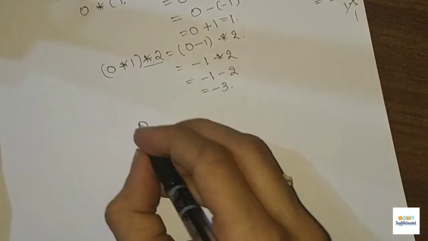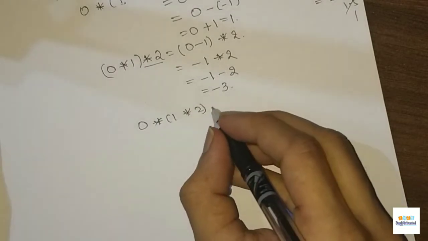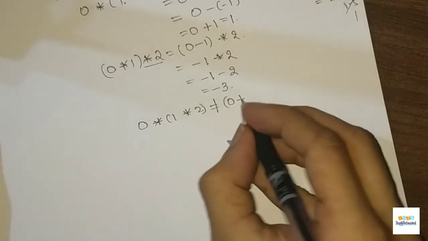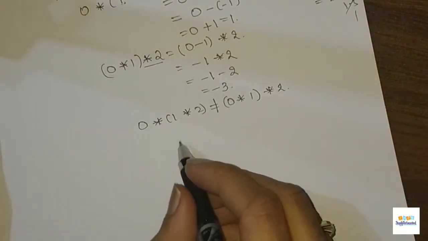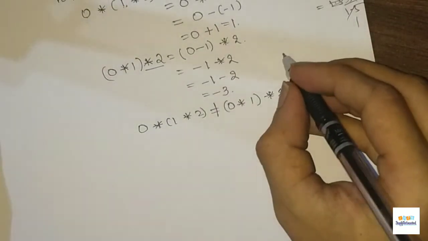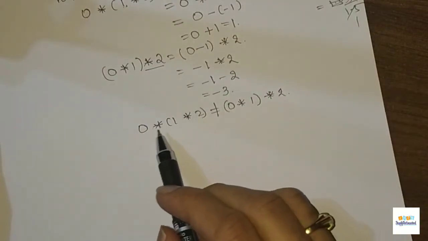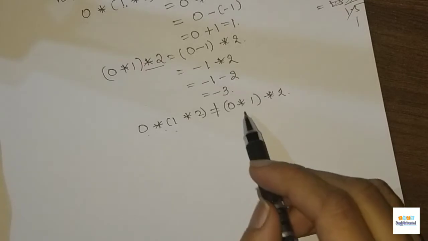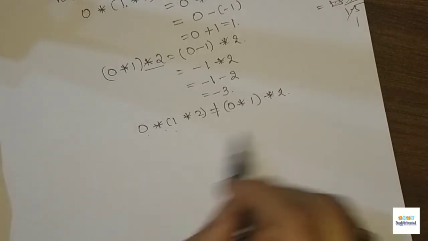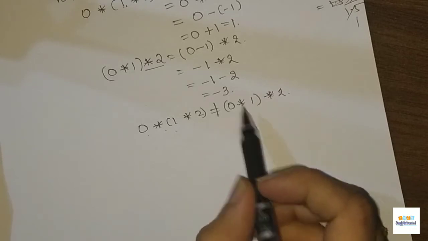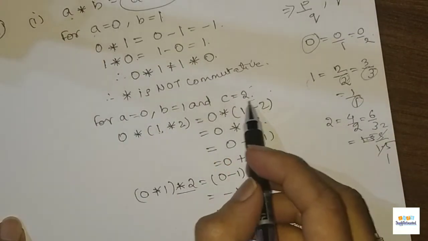Now what we got is 0 star (1 star 2) is not equal to (0 star 1) star 2, okay. Since associativity means that for every a, b, c you should get a star (b star c) equal to (a star b) star c, right? So that is what you have to get in associativity, but this is not happening for the triplet a, b, c.